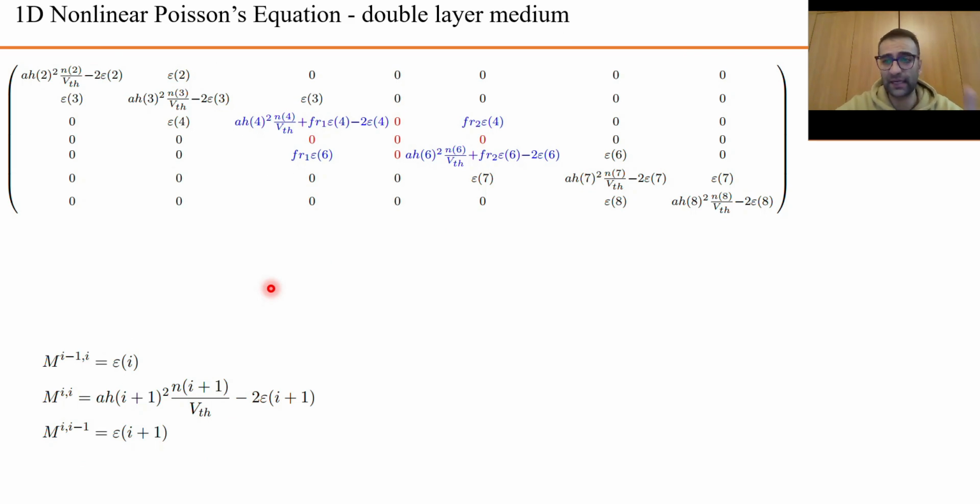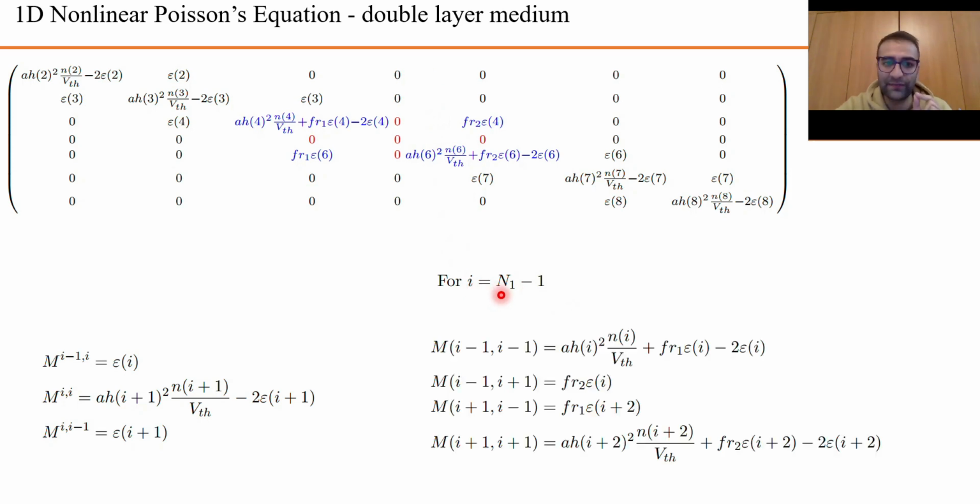But this time, because we have some other terms corresponding to the neighboring grids of the interfacial grid that I marked with blue color here, let's say when I is n1 minus 1, because n1 is 5, right? Therefore, n1 minus 1 will be 4. When I is 4, we should have a special term for this neighboring point.